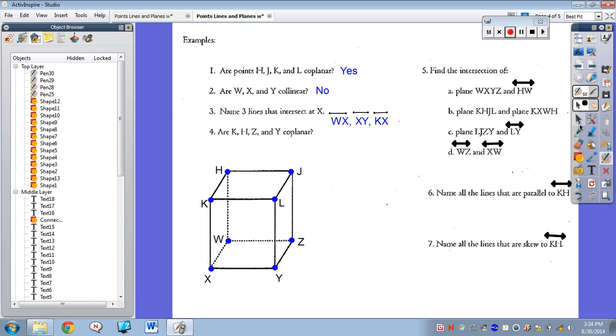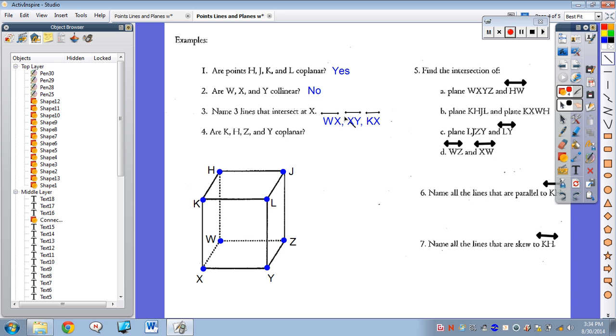Alright, are K, H, Z, and Y coplanar? Now this one's a tricky one. Most people will look at this and immediately say no. However, let's just connect H to Z and K to Y. Now look at that.